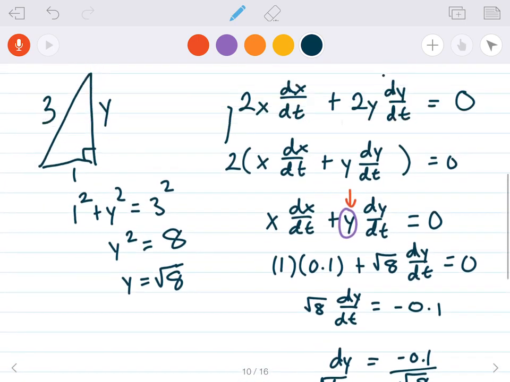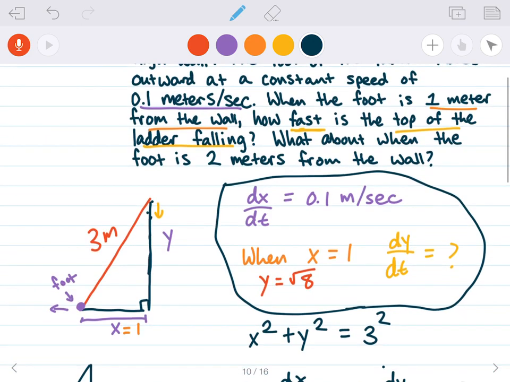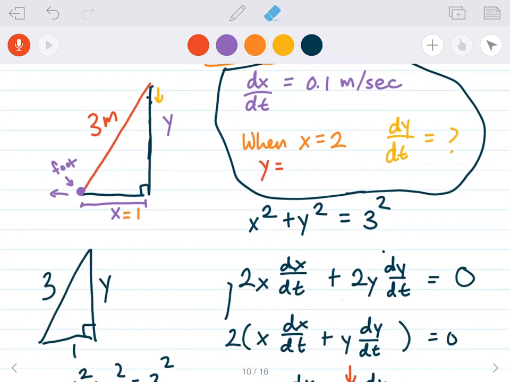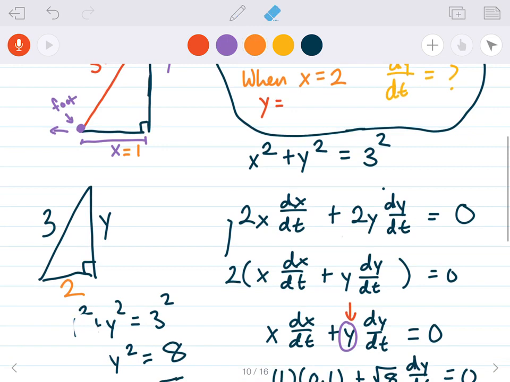And the second part of the question asked, what about when the foot is 2 meters from the wall? Well, the only thing that's going to change here is x and y, right? If x changes, y changes as well. So let's do that second part, and I'm going to erase this and get our new values. When x equals 2, if we apply the Pythagorean theorem with x equaling 2 instead, what do we get?